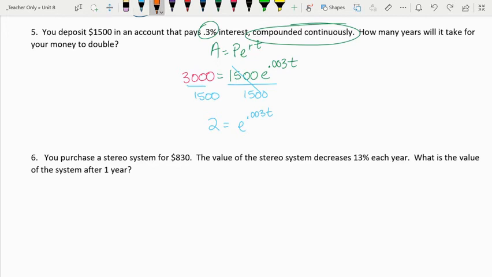From here, all we have to do is solve for t. The way to do that is to take ln of both sides so that our e cancels. Then we can throw the exponent in front, and we're left with ln of 2 equals 0.003 t. So all we have to do is divide by 0.003.